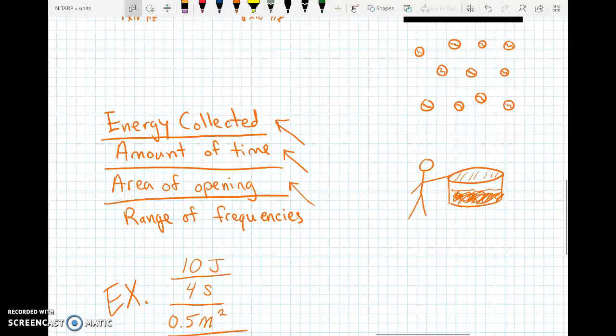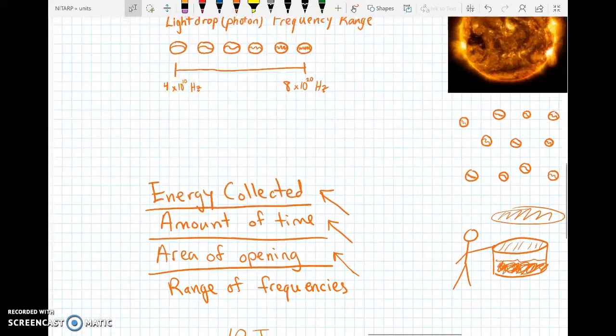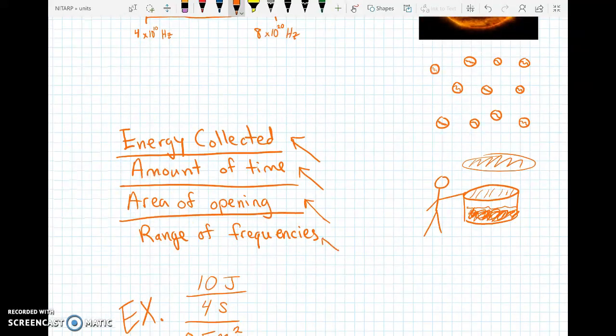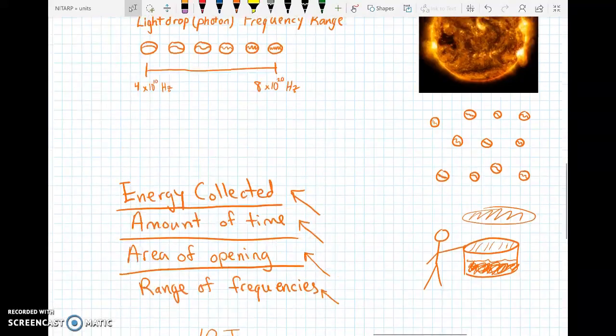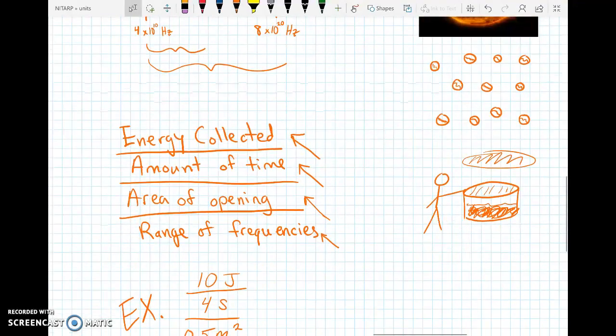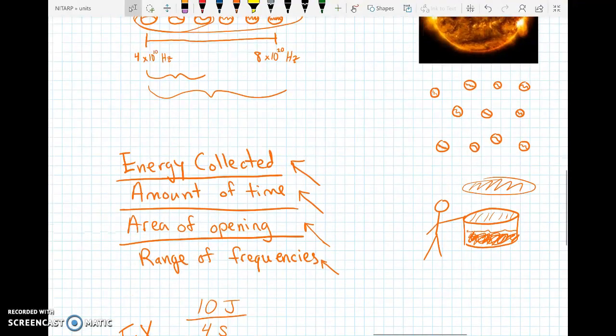And so this time, we're going to pretend that, well, let's say we put a filter in front of this, and it's somehow able to filter out certain frequencies and let through the filter certain frequencies. So again, we want to know how wide that range is, because if I let these photons into my bucket versus letting in all of these into my bucket, then I'm going to get a different number of photons and ultimately a different amount of energy in my bucket.